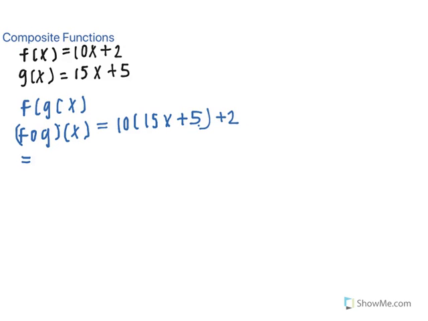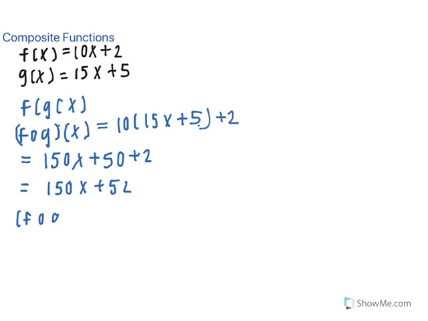This equals 150x plus 50 plus 2, which can further be simplified to 150x plus 52. So now we know that f of g of x equals 150x plus 52.